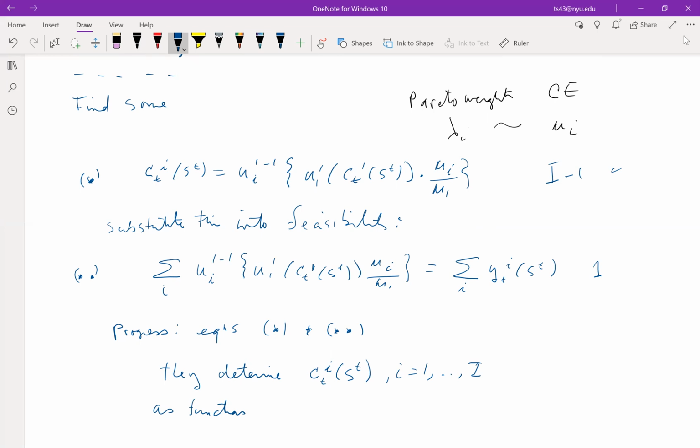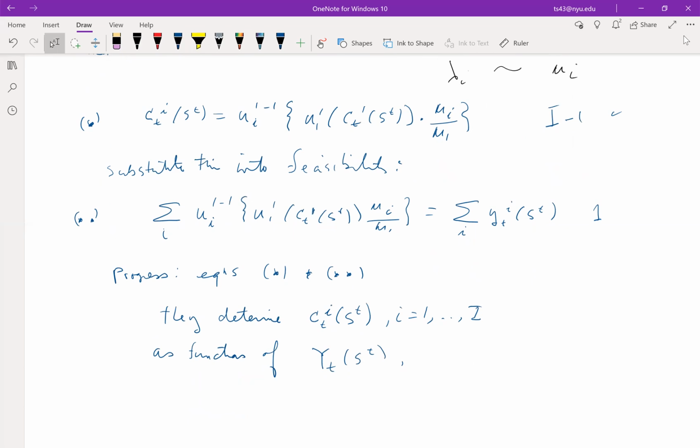so these are going to be functions of, what are these functions of? Well, we have I minus 1 plus 1 equations. And these are functions of, well, the right-hand side is just GDP.